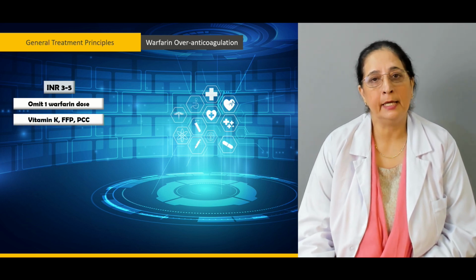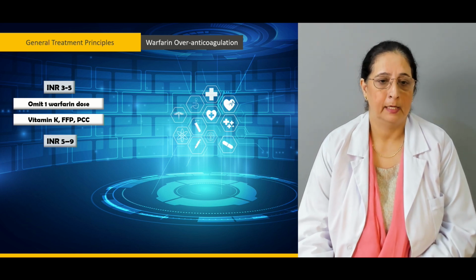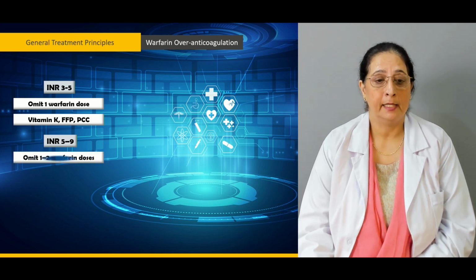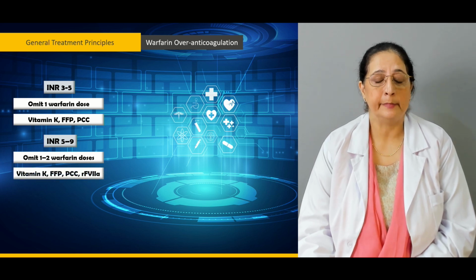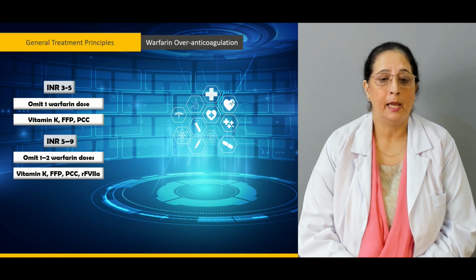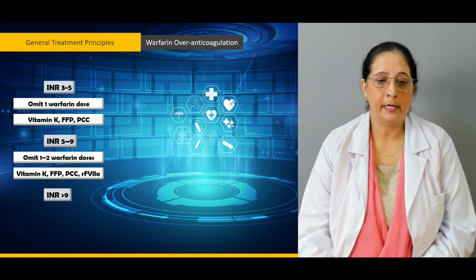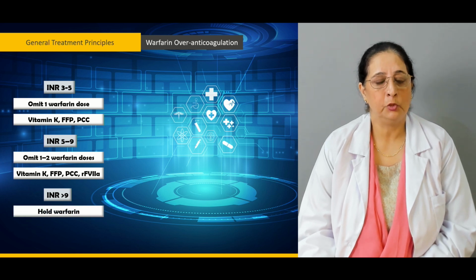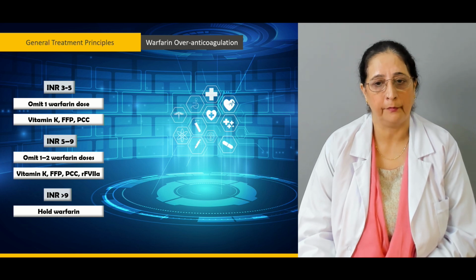Vitamin K, FFP, and PCC. If the INR level is between 5 and 9, then we should omit 1 to 2 doses and we should give vitamin K, fresh frozen plasma, PCC, and rFVIIa. INR now more than 9. What's the management? We should hold the warfarin and we should not give the warfarin.